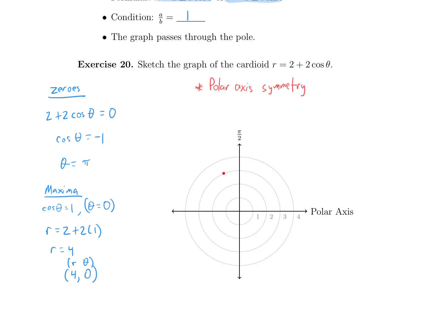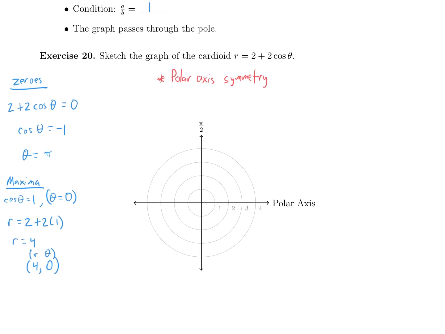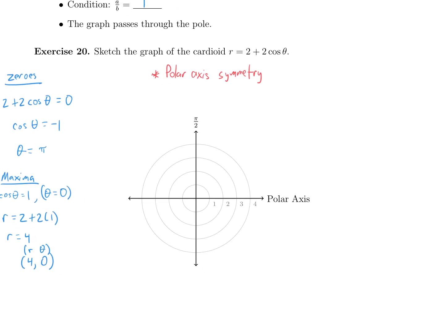And then you can just reflect that graph over the x-axis, and you don't have to do the pi to 2 pi values because of the symmetry. That's the benefit of performing those symmetry tests. It reduces the amount of work that you would have to do by plotting points.